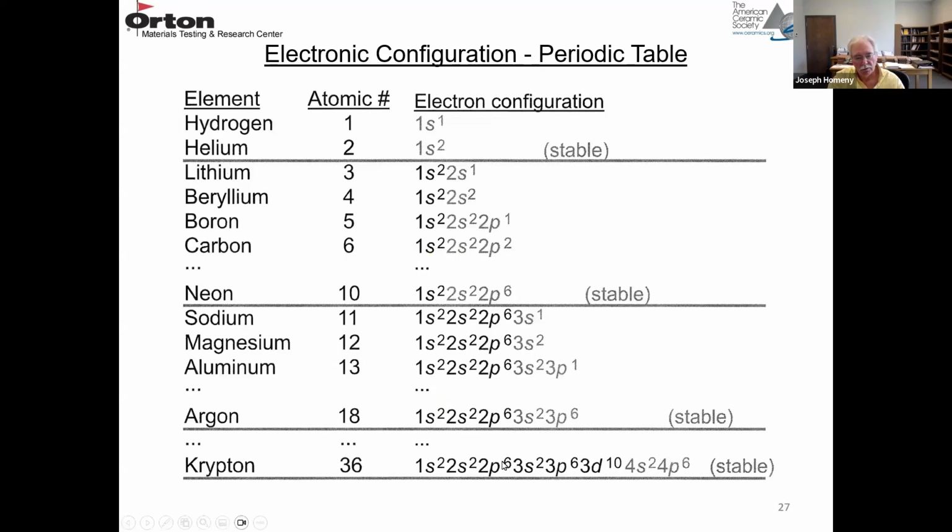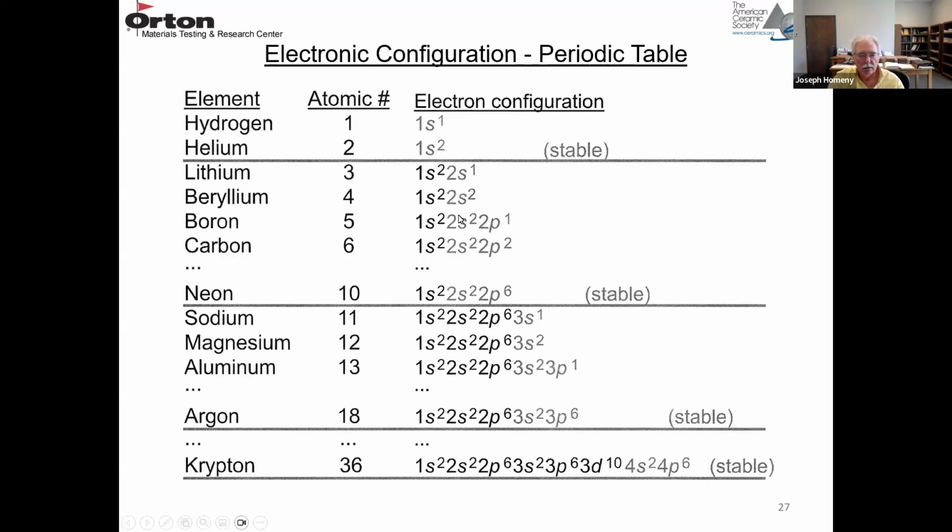This is just a simple table illustrating basically the same thing. It's not complete. It starts out with hydrogen, helium, then the next row is lithium to neon, the next row goes from sodium to argon, and the next row is actually potassium to krypton.